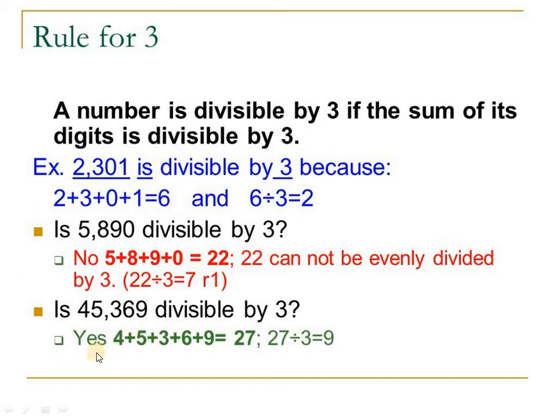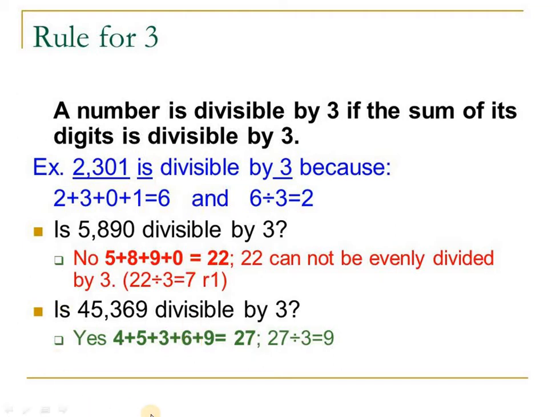So next question example is also there. 45,369 is divisible by 3. Now we are going to find it out after adding all these digits, and then we will divide the number by 3. 4 plus 5 will give you 9. 9 plus 3, 10, 11, 12. 12 plus 6 will give you 18, plus 9, 18 plus 9 will give you 27.